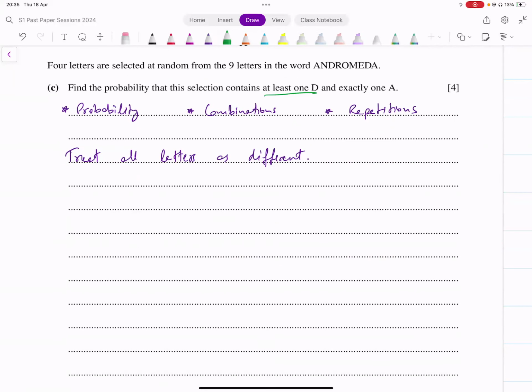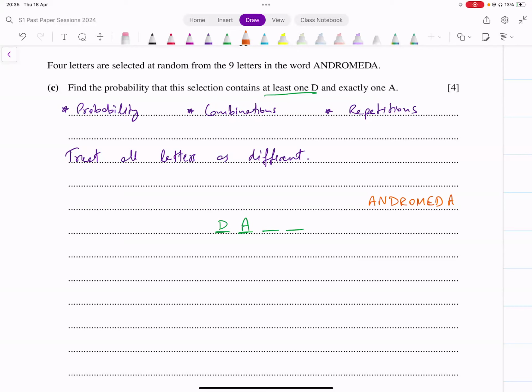At least one D out of 4. Since you want at least one D, that means one D is already selected. And you want exactly one A, that means one A is already selected as well. You have 2 options left out of how many? What are the remaining letters that we've got? You have A, N, D, R, O, M, D, A. These were the total letters.